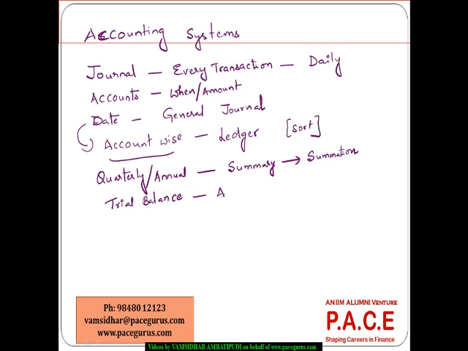Any adjustments that need to be made are performed, and what we come out with is the adjusted trial balance. So it is an account-wise summary, the net positives or negatives corresponding to each of the accounts.